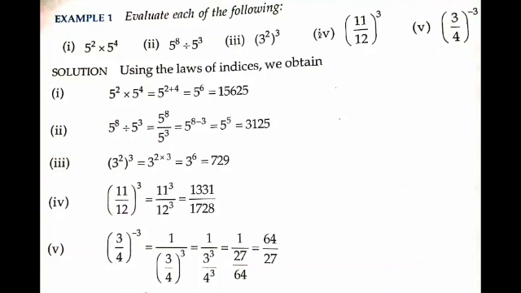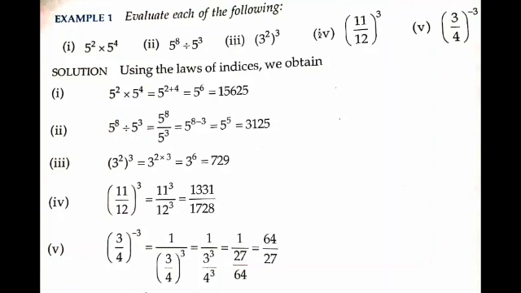So we can write it as 5 to the power 8 divided by 5 to the power 3, that is equal to 5 to the power 8 minus 3. Using the law, a to the power m by a to the power n is equal to a to the power m minus n, which gives 5 to the power 5, which is equal to 3125.